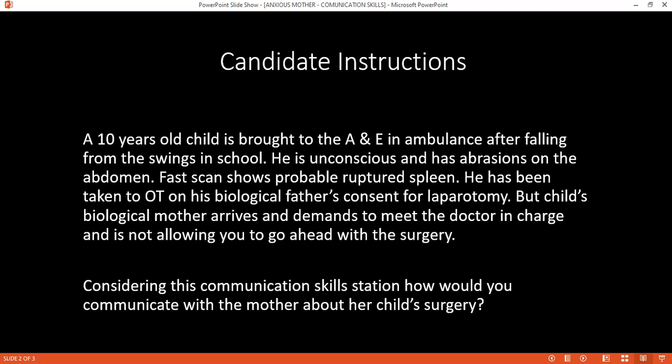Oh, and when can I take him back home, doctor? Well, I'm so sorry. At the moment, it's very difficult to tell you, because your child's health is the uppermost priority for us. When he becomes normal and has a good recovery, we will definitely discharge the patient.